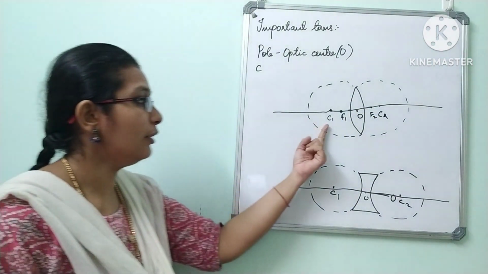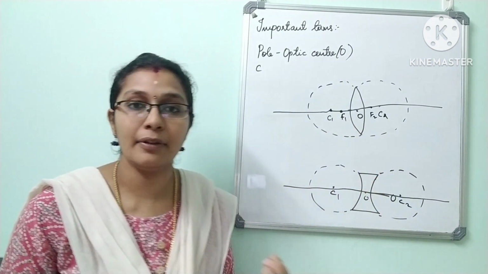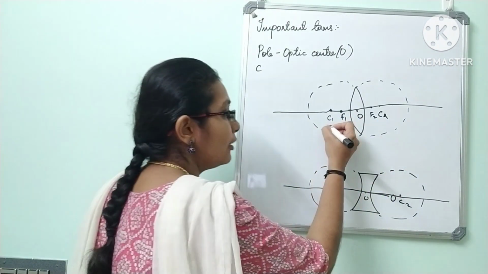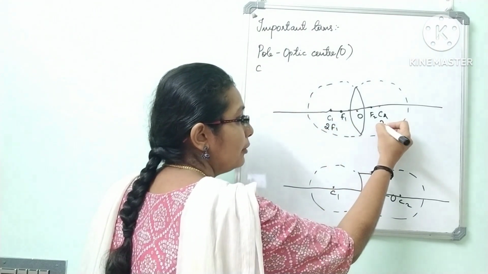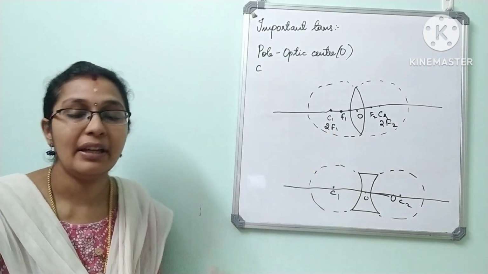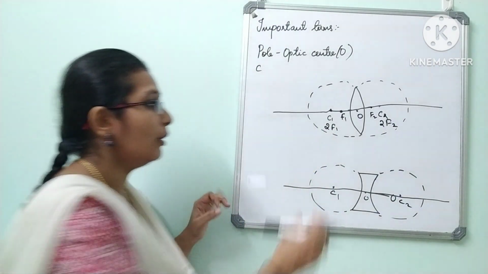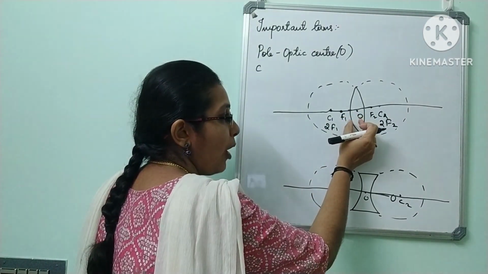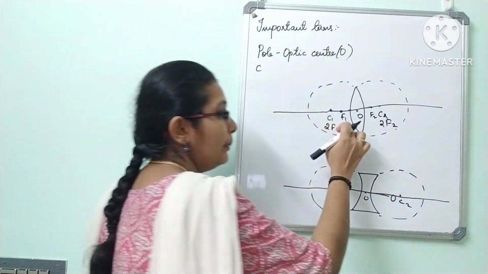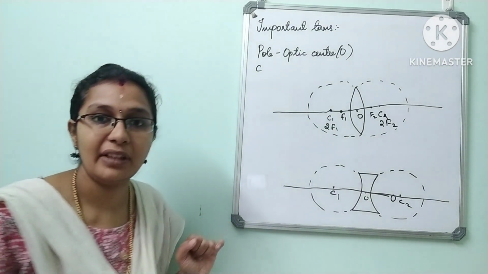In order to avoid the center of curvature confusion, instead of C1 and C2, I can call them 2F1 and 2F2. Yes or no? How I am saying 2F1 and 2F2 is, the distance from the optic center to the focus is the same value as between F1 and C1. Yes or no?